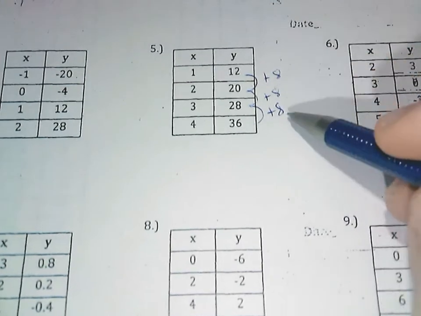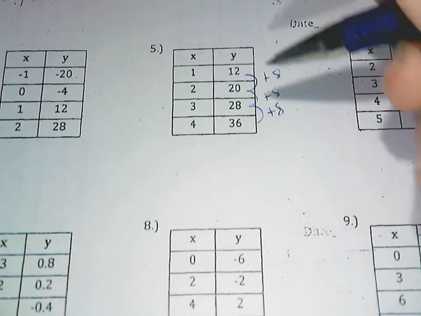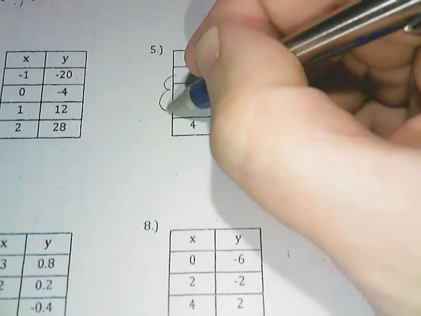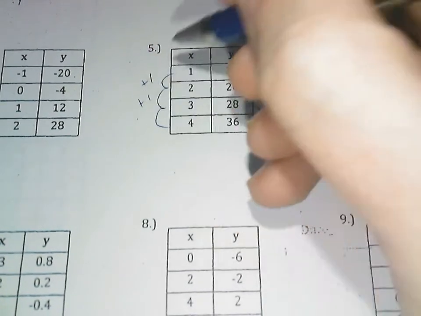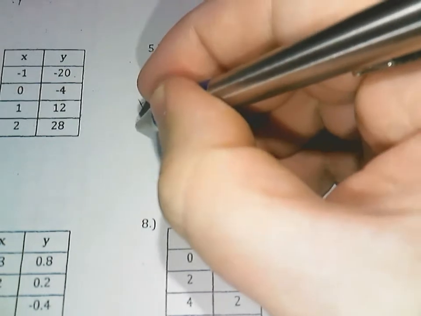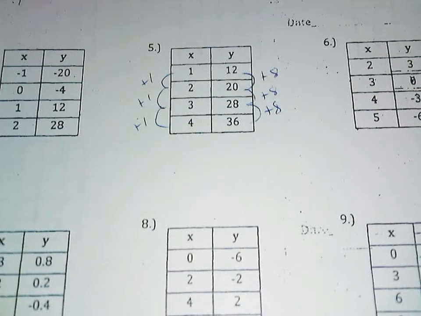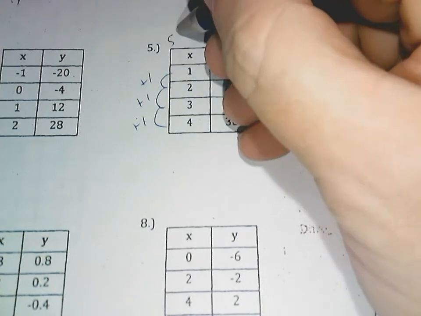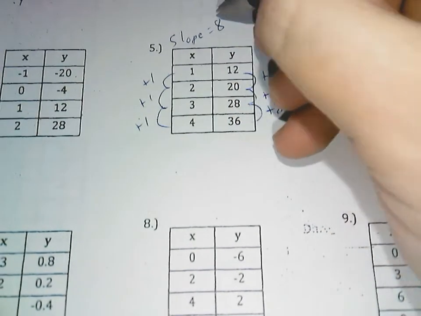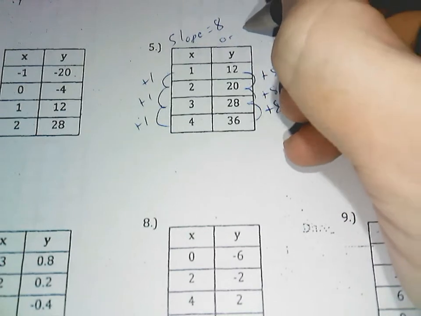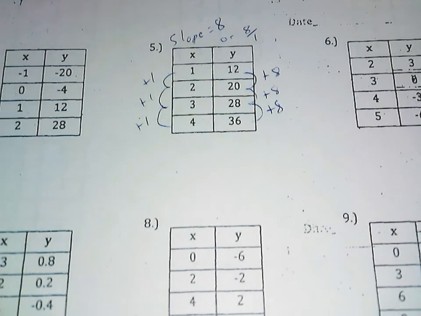So my change in y is going to be 8. Then if I look over here at my x coordinates, 1 to 2, I added 1. 2 to 3, I added 1. 3 to 4, I added 1. So my slope is 8 over 1. Okay, so there's my slope.